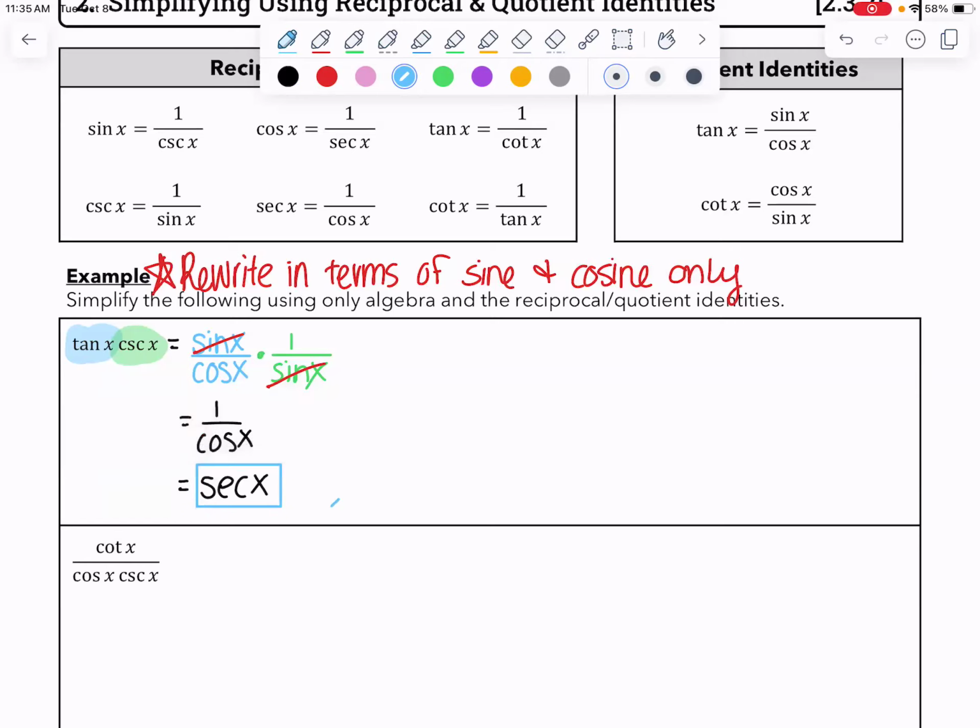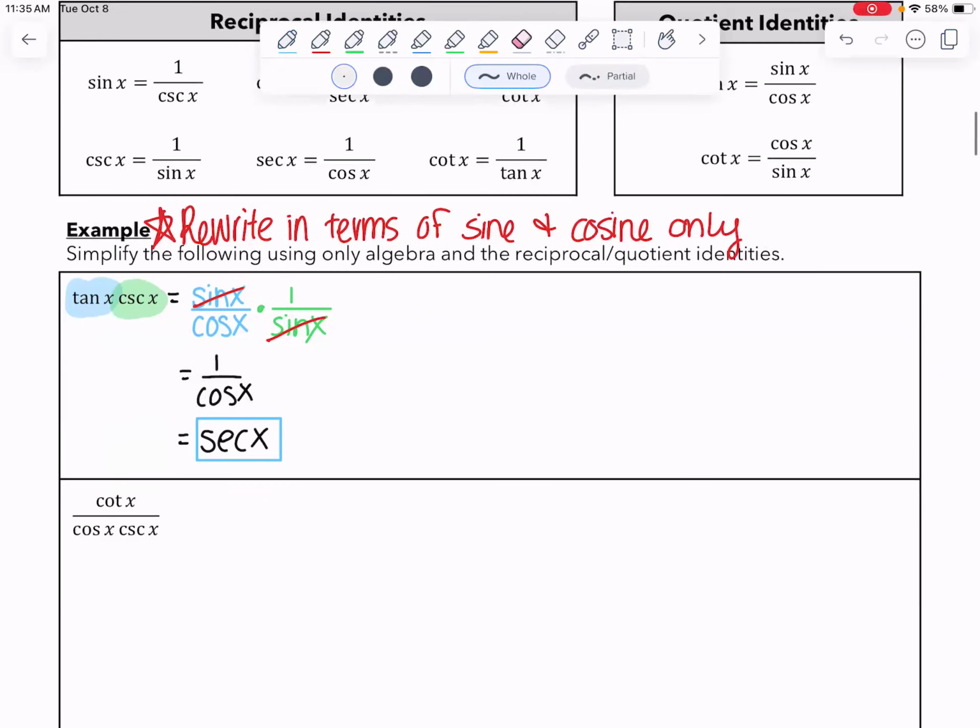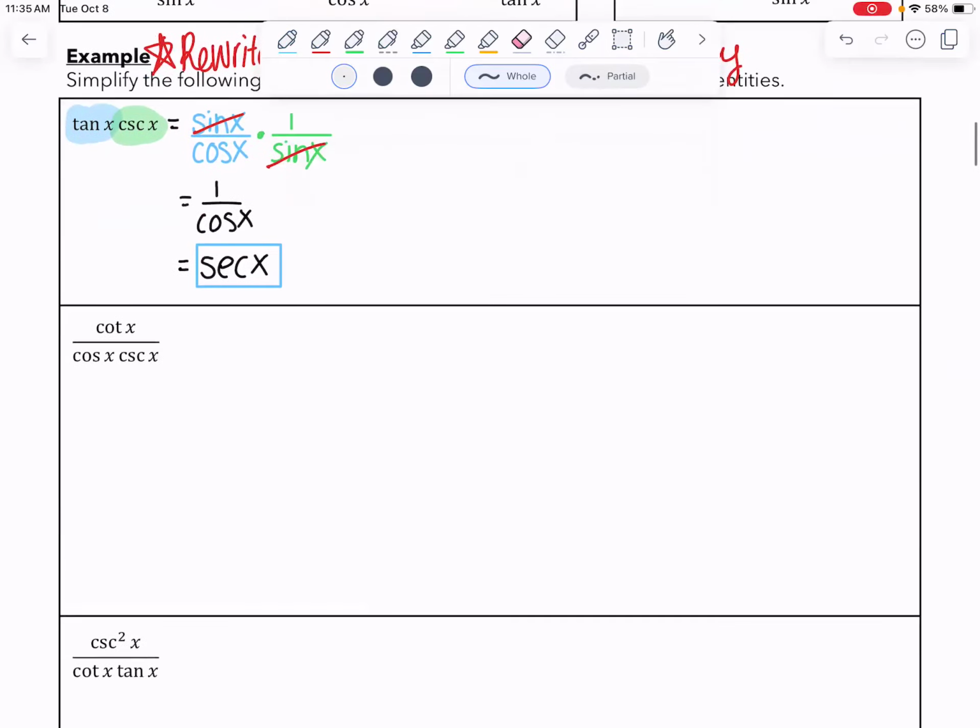So not so bad, right? The hard part can be when it's a little bit messy on the fractions, but it's not a big deal, and we'll look at some of those right now. All right. We have cotan x over cosine x times cosecant x.